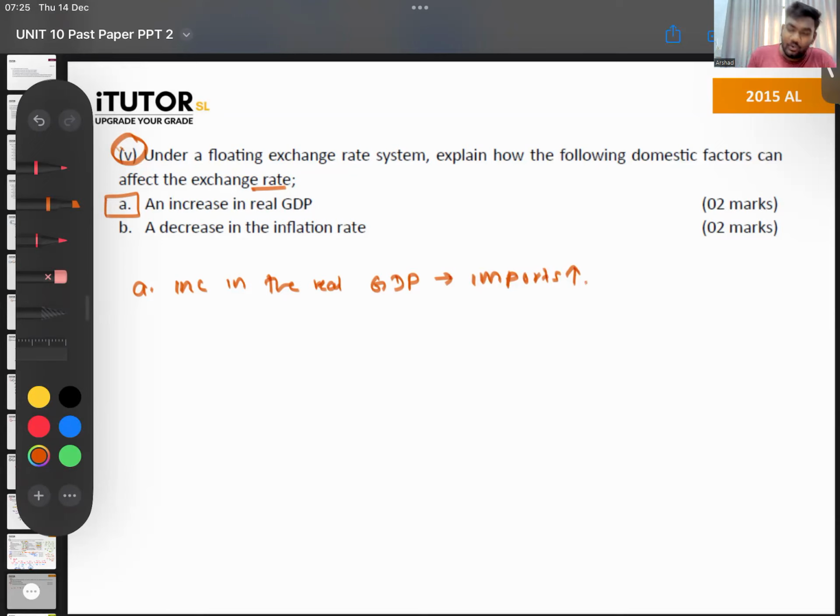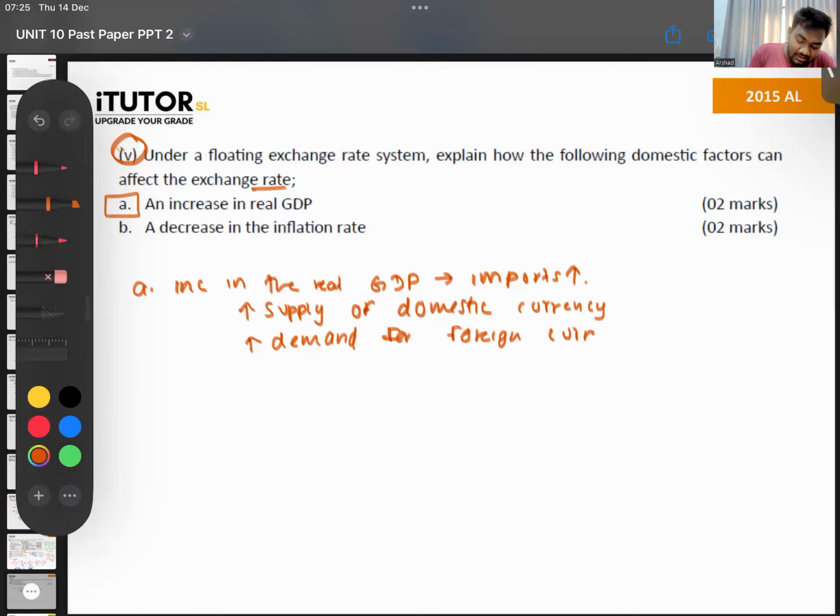So when we import more and more, what happens? There will be an increase in the supply of your domestic currency. Your domestic currency will be supplied, and the demand for the foreign currency will rise.